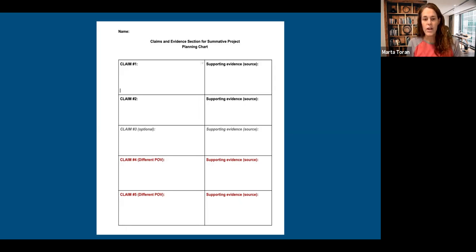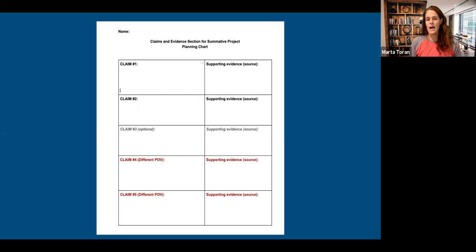On the other hand, I could have the other point of view, which would be GMOs are bad for the environment because they dilute the genetic diversity of other crops. And what is the evidence for that? And then claim number 5 could be that some people say, or some studies say, that GMO foods are harmful to health.